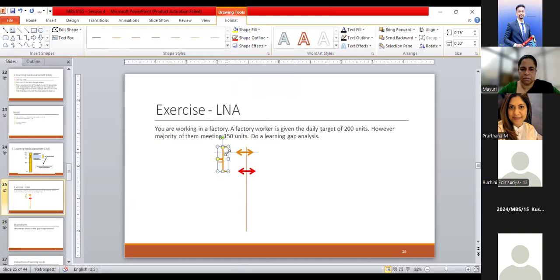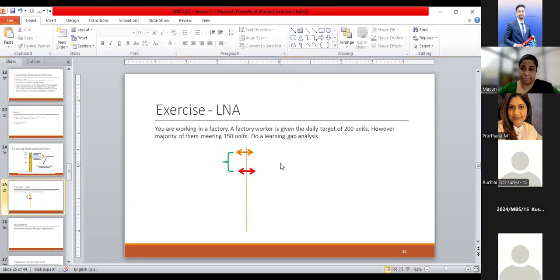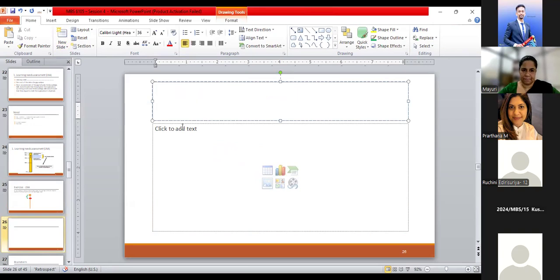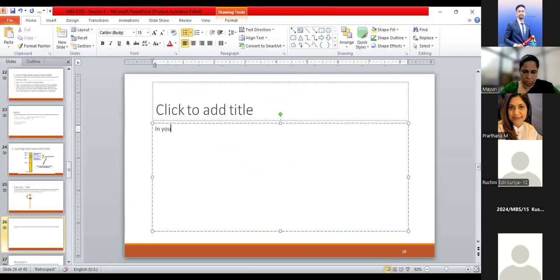Okay. හරි. දැන් තව exercise එකක් මම දෙනවා. තව එකක්. Right. Do this one.